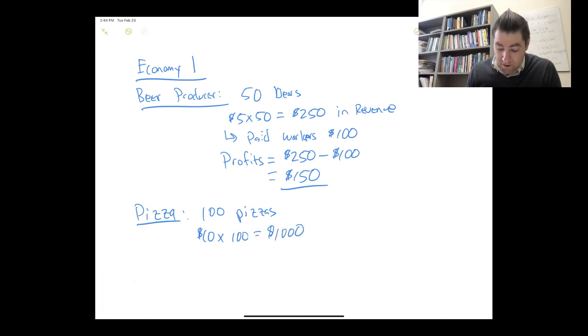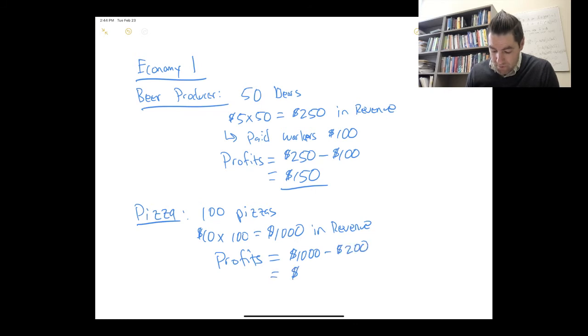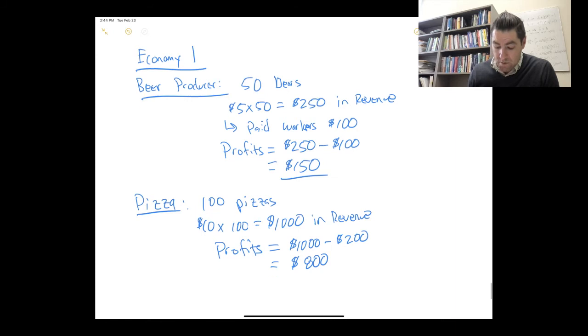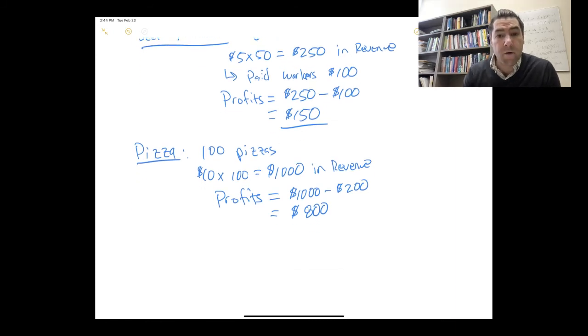Which means they have $1,000 in revenue. So their profits, or their revenue, 1,000, minus their costs, which were 200, gets me to $800 in total profits.